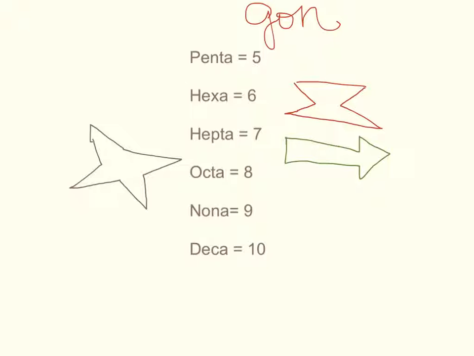A nonagon is something that has 9 sides. And a decagon is something with 10 sides. So just because it may not look like a normal figure, make sure you're counting the sides each time to ensure that it has a specific number, and then give it its name.